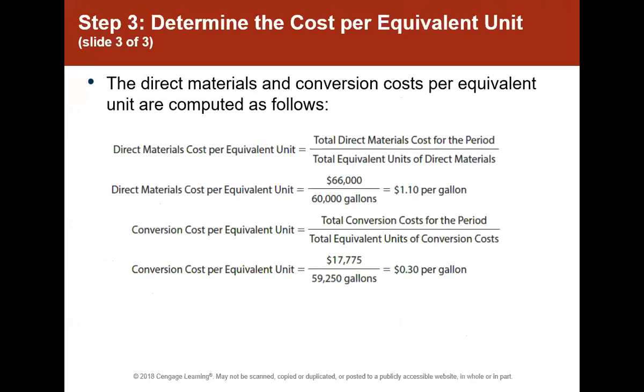Conversion costs are 30 cents per gallon. Now we can use these costs to figure out what was transferred to the other department and what's in ending inventory.